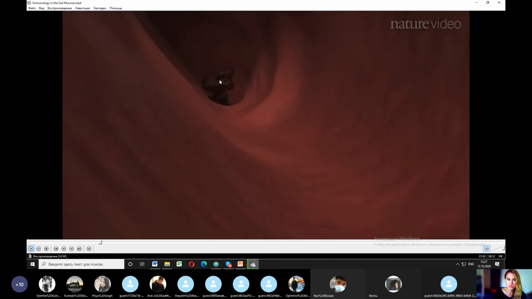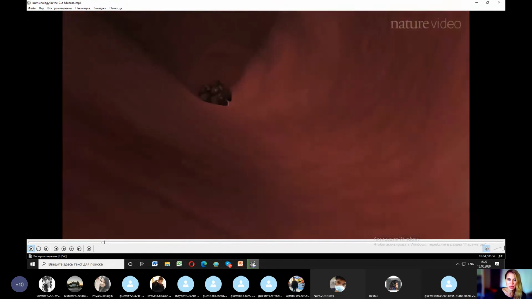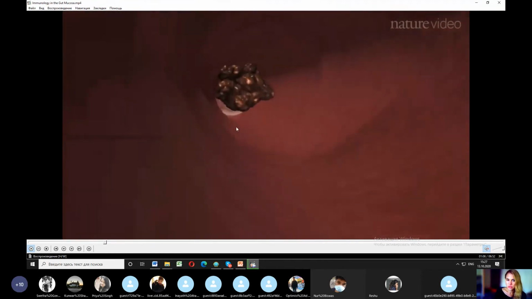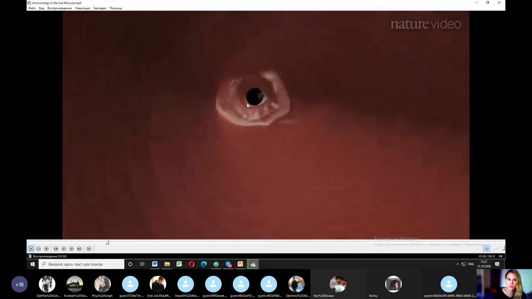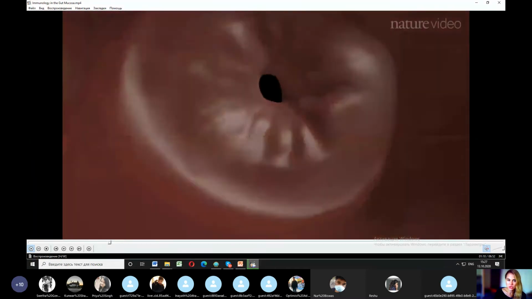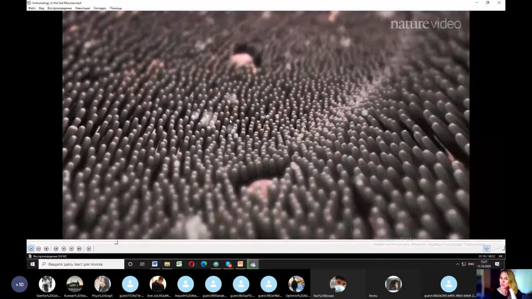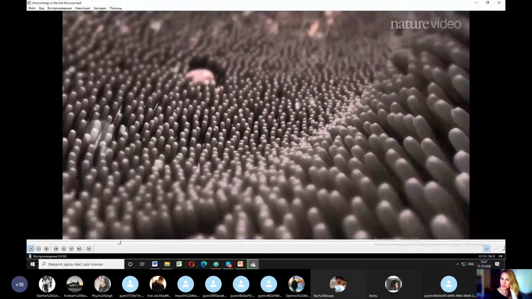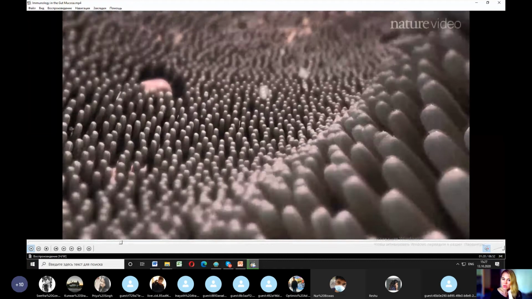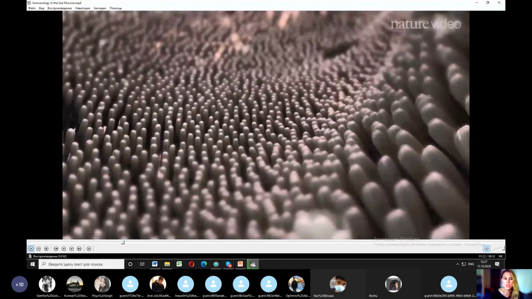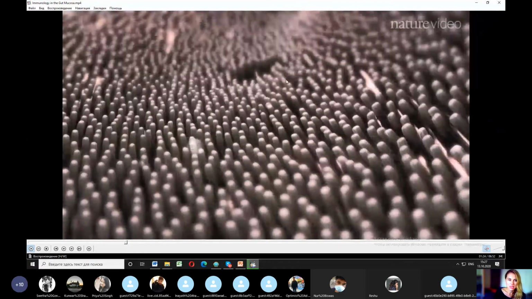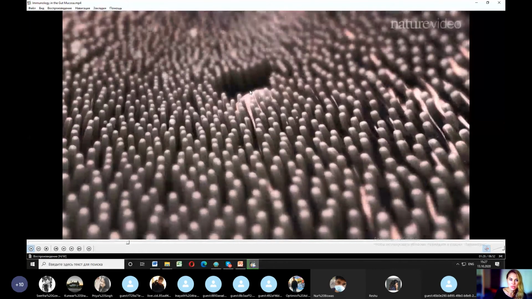It passes through the esophagus, then goes to the stomach, and if it was not eliminated in the stomach, then in the small intestine these microorganisms will be eliminated with the help of our immune system cells. So let's see what happens exactly. Over here we can see an M cell.